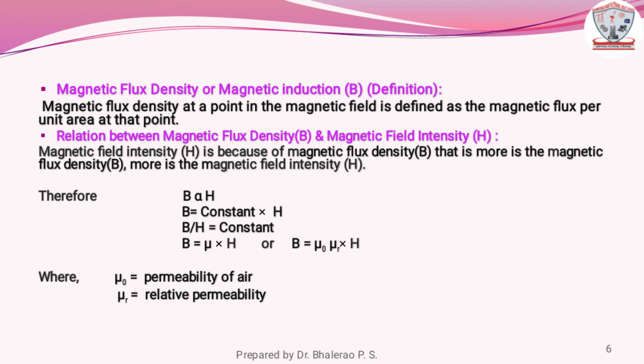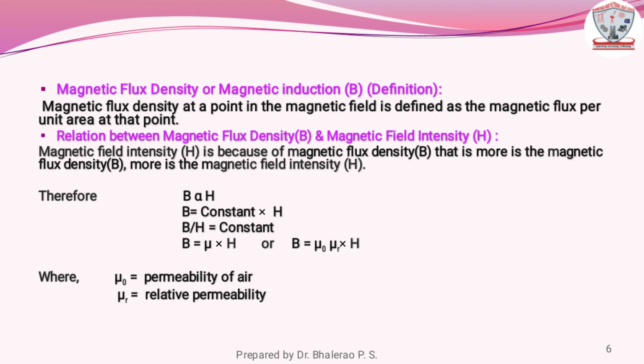If the magnetic flux density is more, then the intensity is also more. That is, the more the magnetic flux density B, the more the magnetic field intensity H.